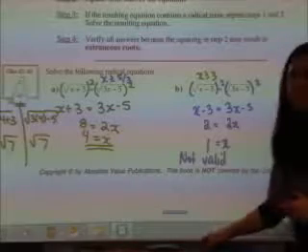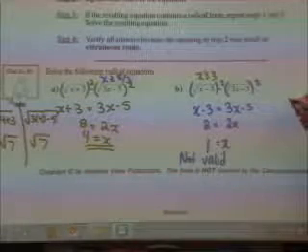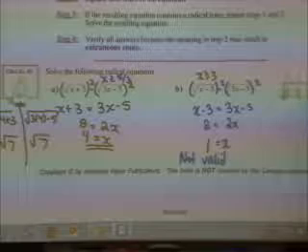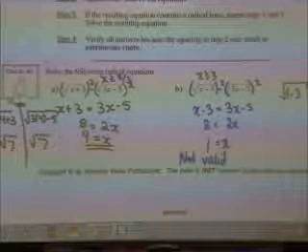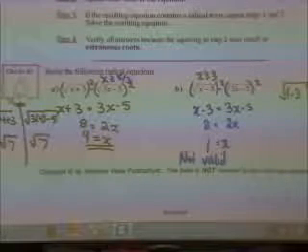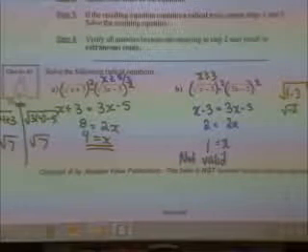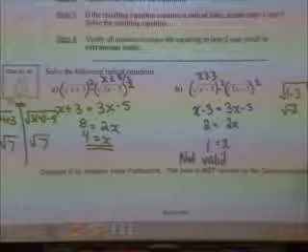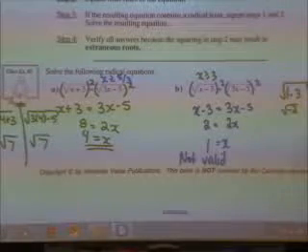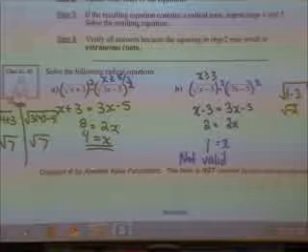And I could check this. I could verify. 1 minus 3 is equal to what? Negative 2, which I cannot have. I cannot square root a negative number. Even if I checked the other side, 3 times 1 minus 5 also equals negative 2.